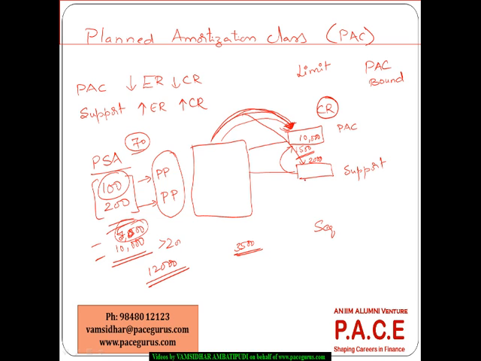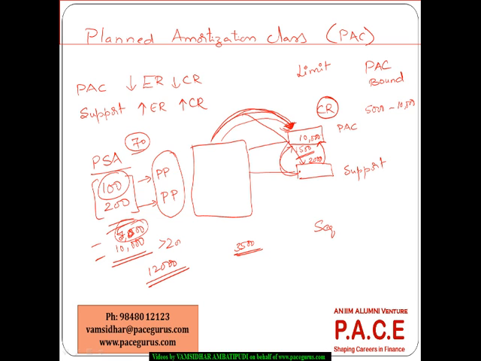So there is a funding from the support tranche to the planned amortization class tranche in case of a shortfall, which means any prepayments coming up in any particular period would lie between 5,000 and 10,000. Anything lesser would be funded by the support tranche.